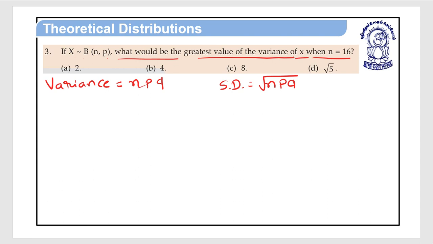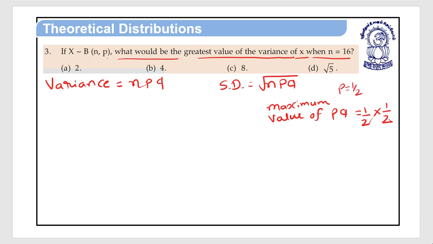Here, what would be the greatest value of variance of x when n is equal to 16? Here maximum value of PQ is 1 by 2 into 1 by 2.